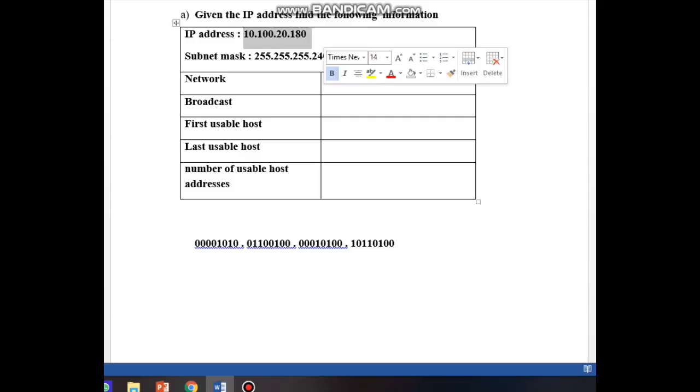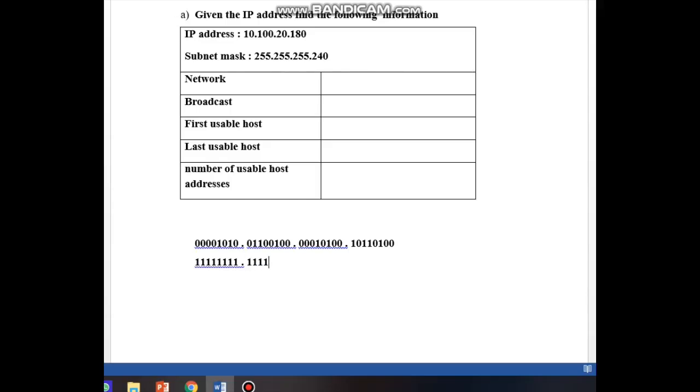Right, so now what we will do is write the binary representation of the subnet mask, which is 255.255.255.240. Now the binary for 255 is just all ones, 11111111. Once again we have another 255 in the second octet, so that's another 11111111.